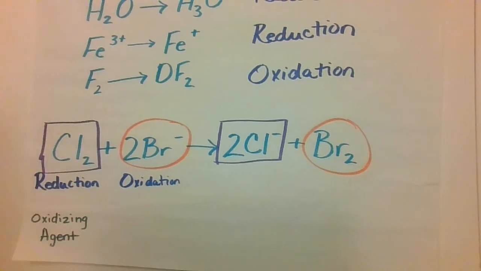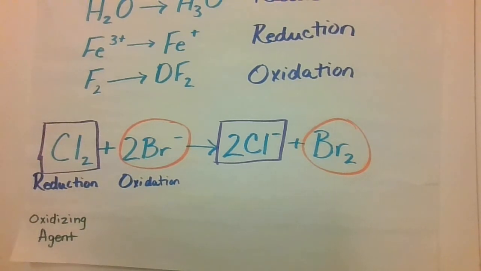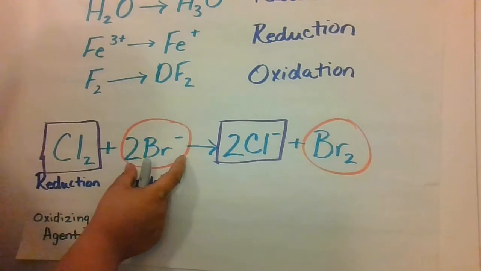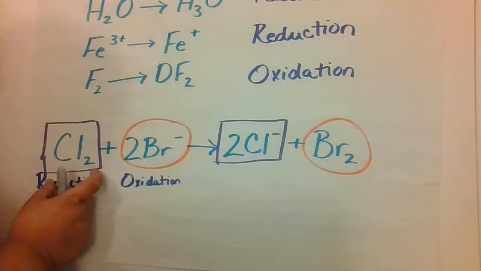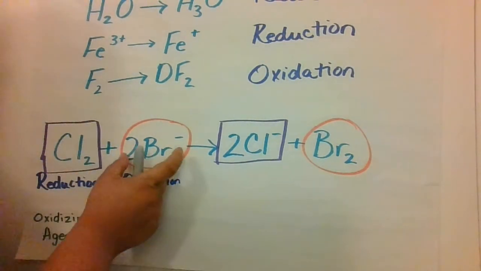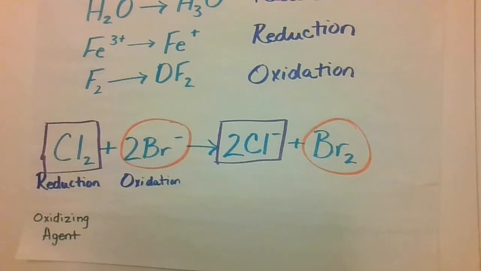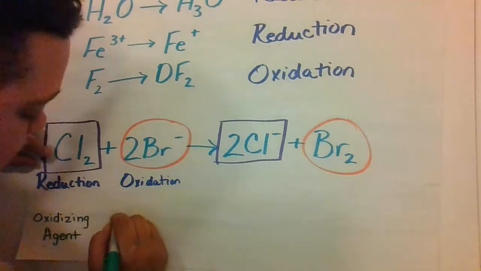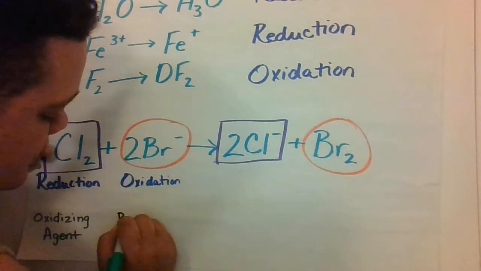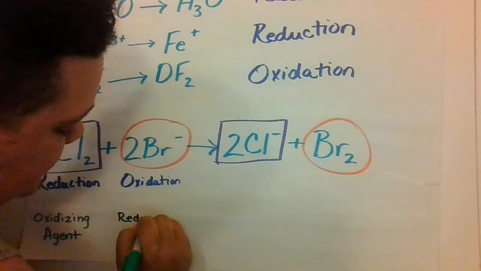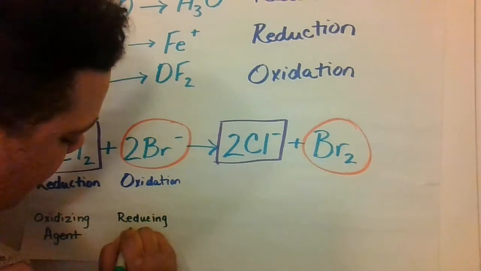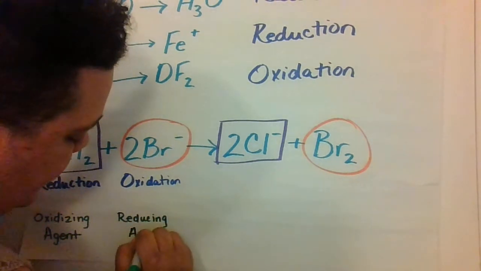The same thing has happened with the relationship of Br negative and Cl2. Because Br negative is present, it allows Cl2 to reduce. So this one would be considered my reducing agent.